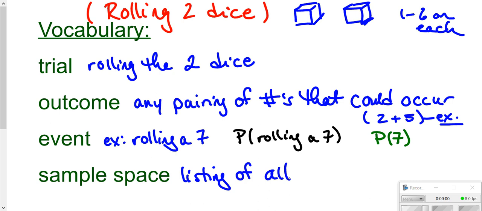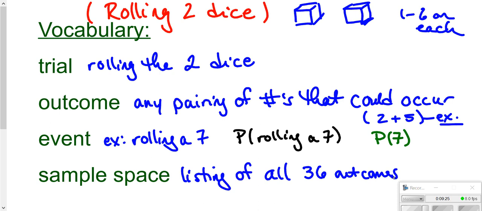So it's the listing of all, in this case, 36 outcomes. And notice I said outcome there, not event. There are not 36 different totals that could happen. There's 2, 3, 4, 5, 6, 7, 8, 9, 10, 11, 12.